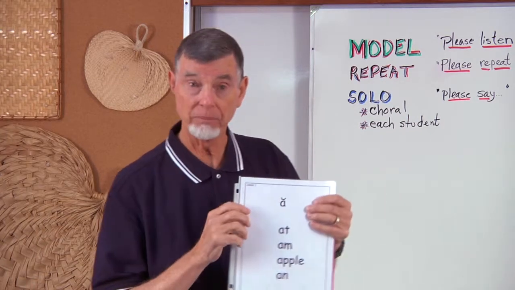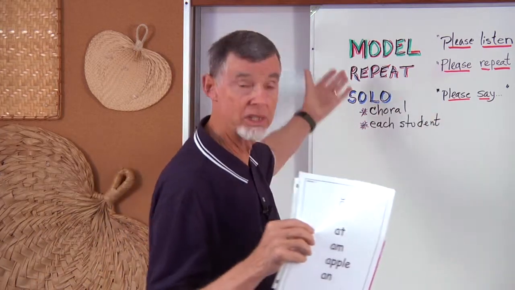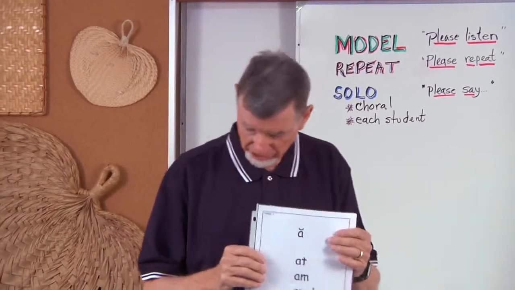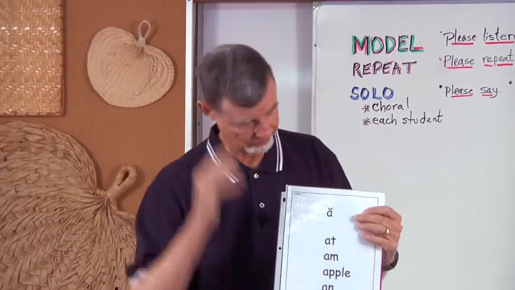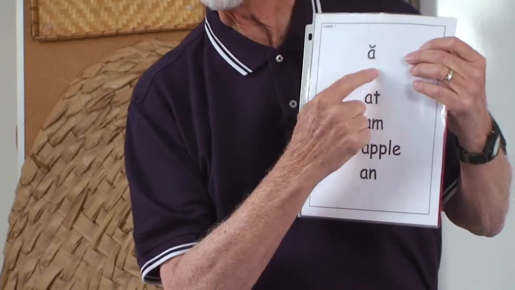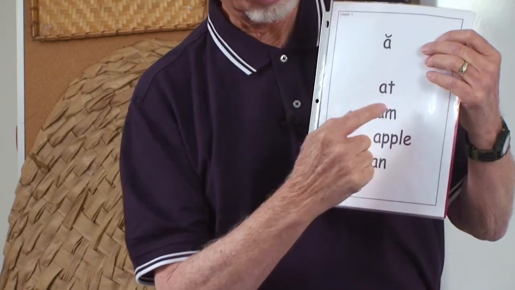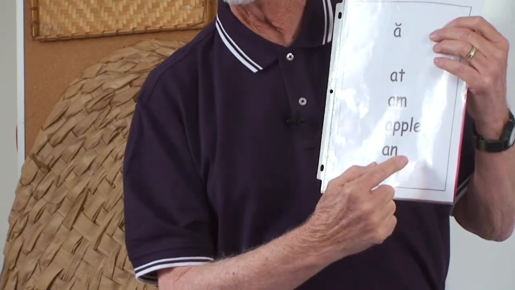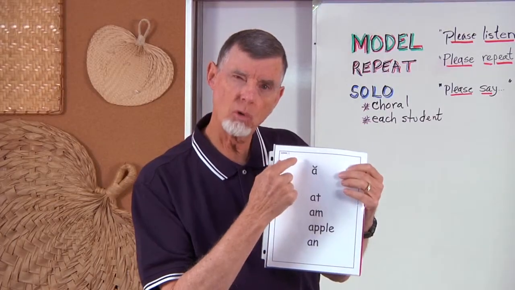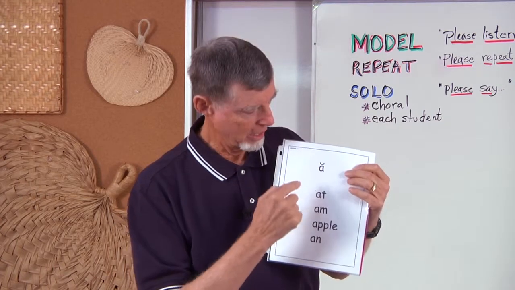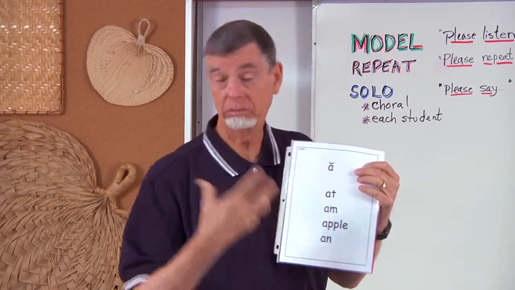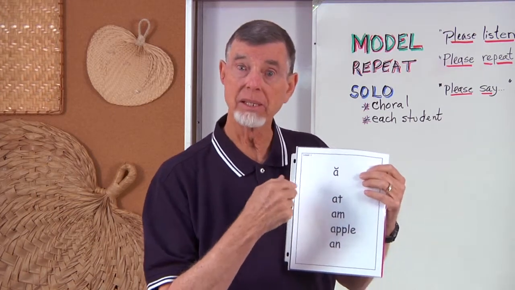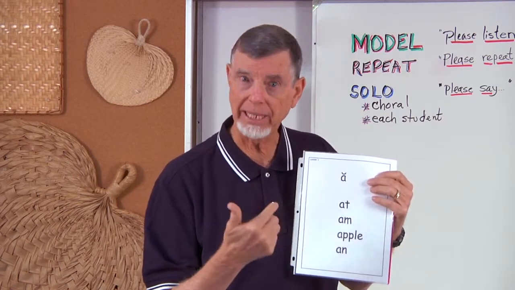All right, so now here's how. You're going to use our good old model, repeat, and solo. And so here's how you would do it. So you say, please listen. At, am, apple, an. Now you notice I didn't go real slow, because when you start going slow, you instinctively slow down and you start sounding mechanical and unnatural.